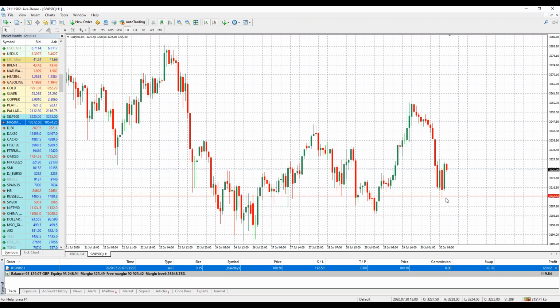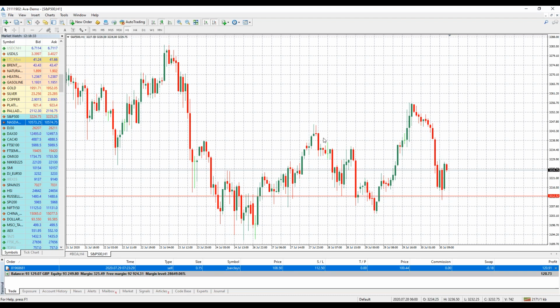Here's a support level. If those GDP numbers are bad, what do you think happens to this little support level where it hit and bounced back up? If those US GDP numbers come in worse than 34% or somewhere that looks that bad, what do you think happens to this support level on the S&P 500?